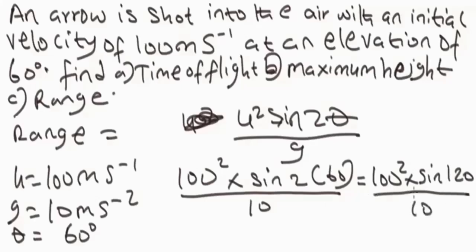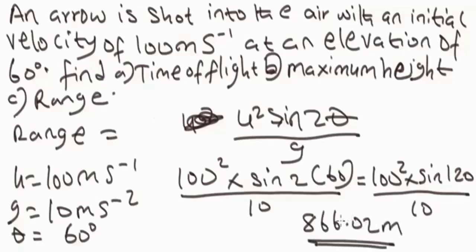Let me punch this into my calculator and get the answer. I have 866.02. Range is horizontal distance, so the unit will be meters. Guys, this is how you can solve this particular problem.